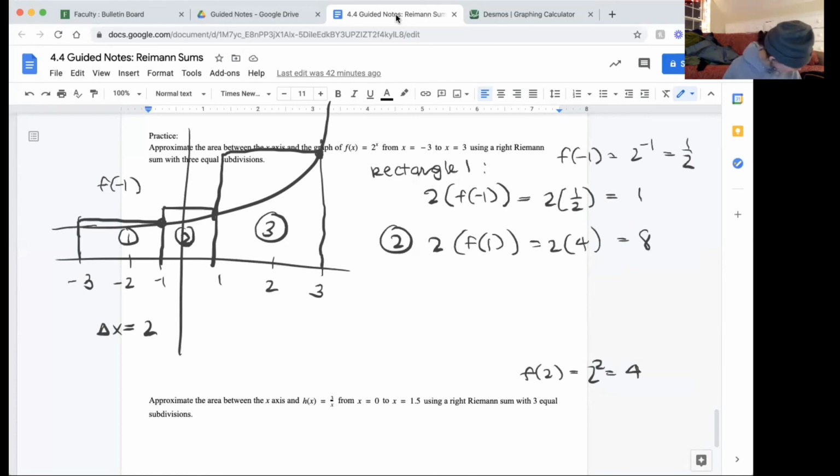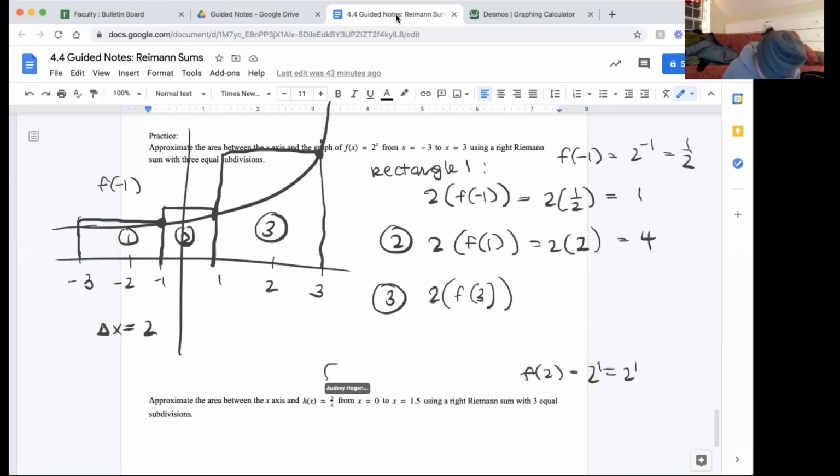And then rectangle 3, we are going to have 2 times f of, your right endpoint is 3.